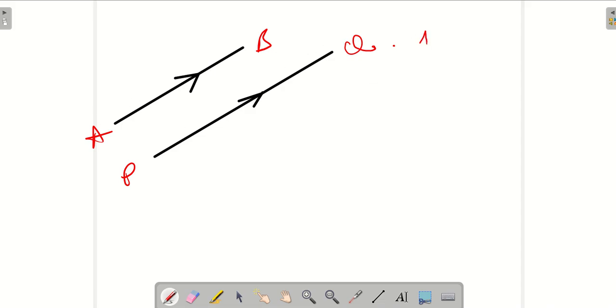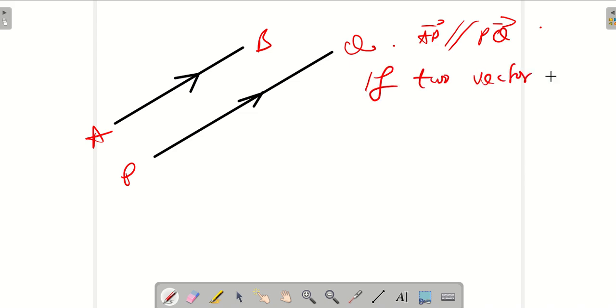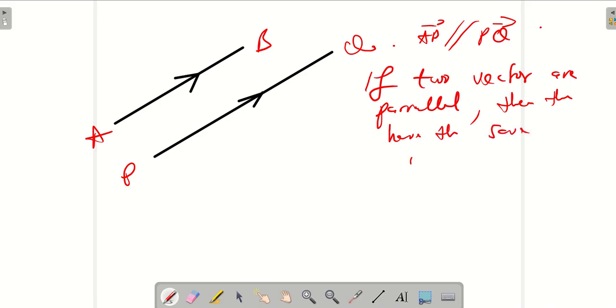Is that right? Vector AB is parallel to vector PQ. If two vectors are parallel, let's write, then they have the same unit vector.